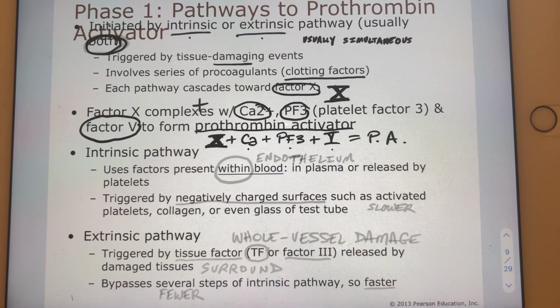Now, the chief differences between the intrinsic pathway and the extrinsic pathway really have to do with where the damage occurs. The intrinsic pathway is stimulated when the endothelium is disturbed.